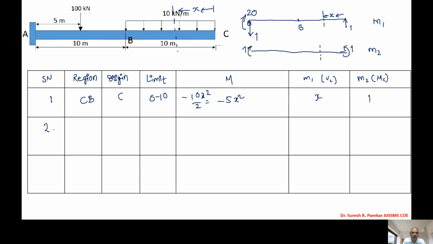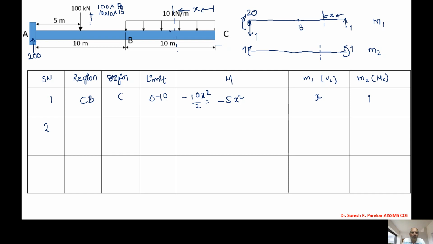Now the second, which will be from the A side. We have summation Fy equal to 0, and therefore we will get this reaction 100 plus 10 into 10 which is 100, so this will be 200. And then the moment due to this 100 into 10, plus due to UDL we have 10 into 10, which will be 100, into the center of this, 5 plus 10, that is 15.